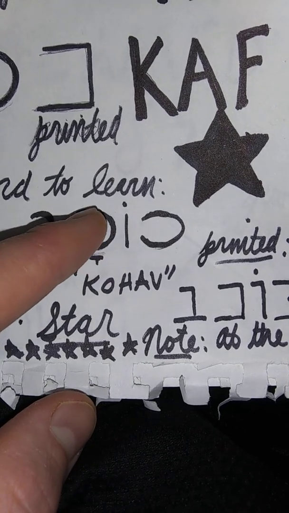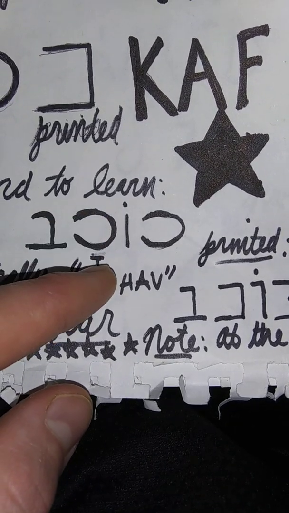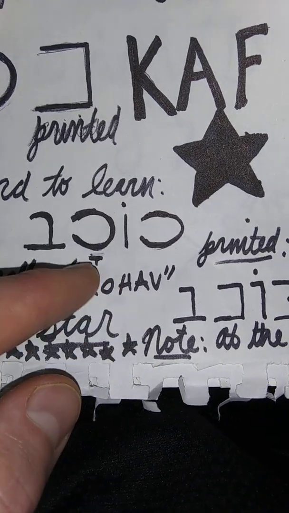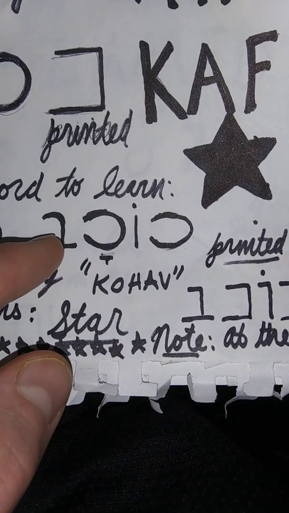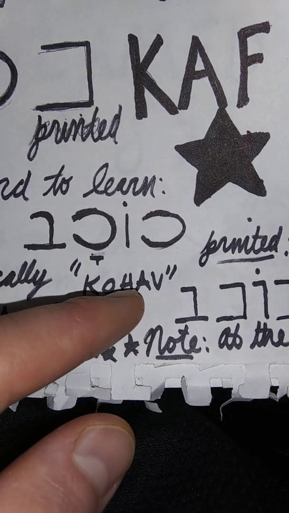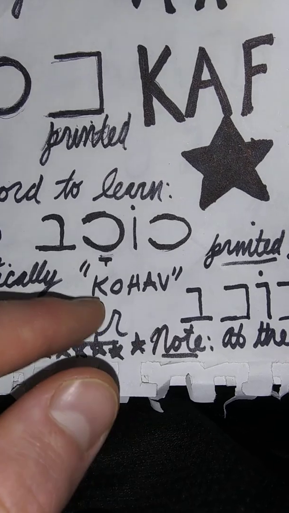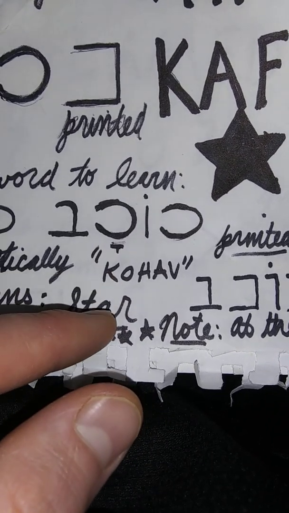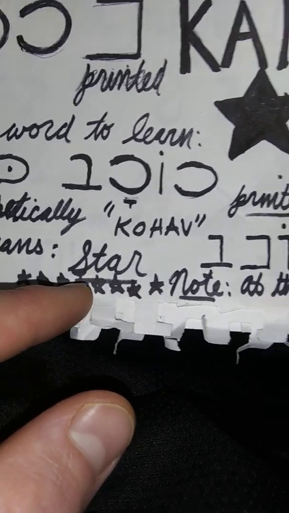So that's the kaf with that under it. So ko, hav. So that's the vet. Ko hav. That's close to how it's supposed to be pronounced. That's a star. Okay.